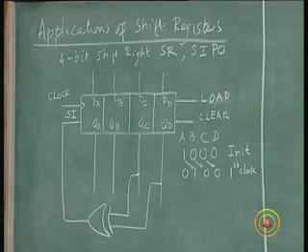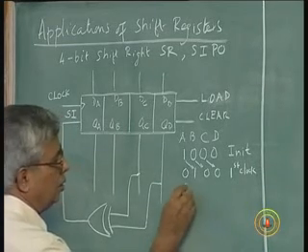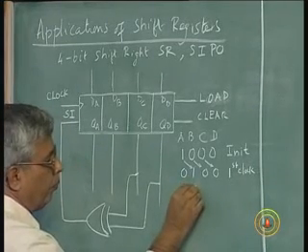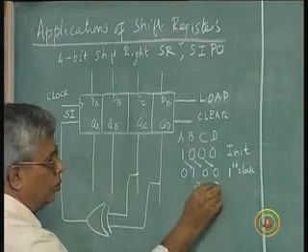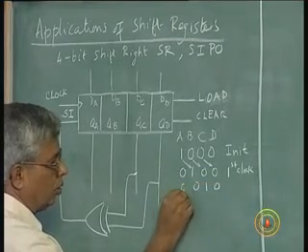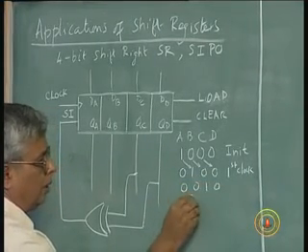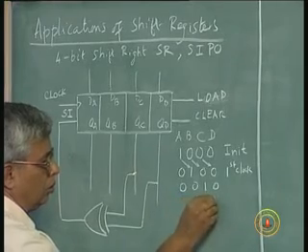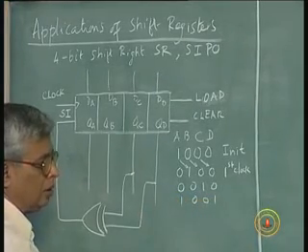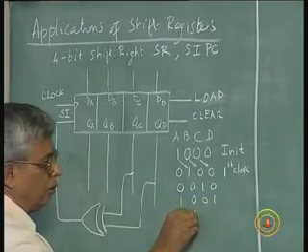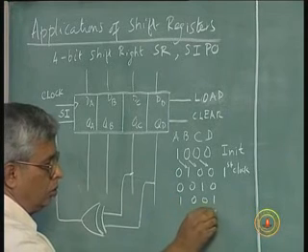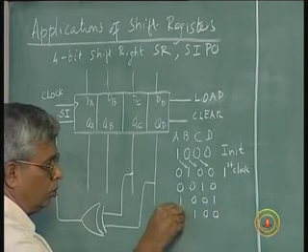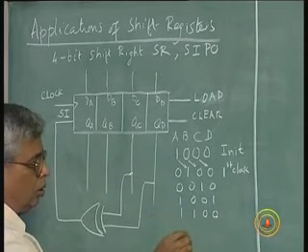So again I shift it after the second clock pulse. This will become 0, 1, 0. It's also 0 after the third clock pulse. 1, fourth clock pulse, fifth clock pulse.